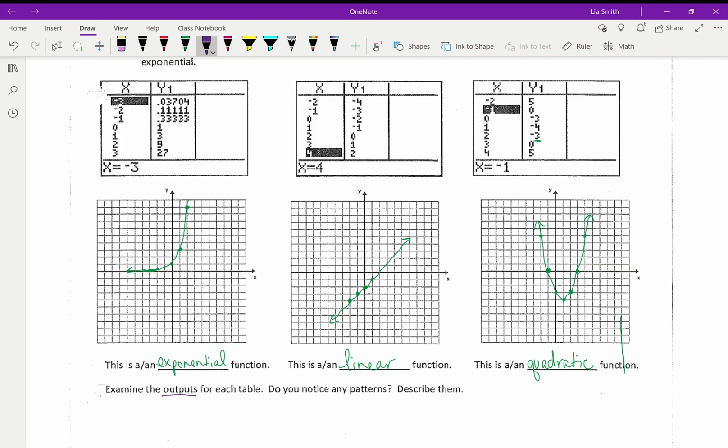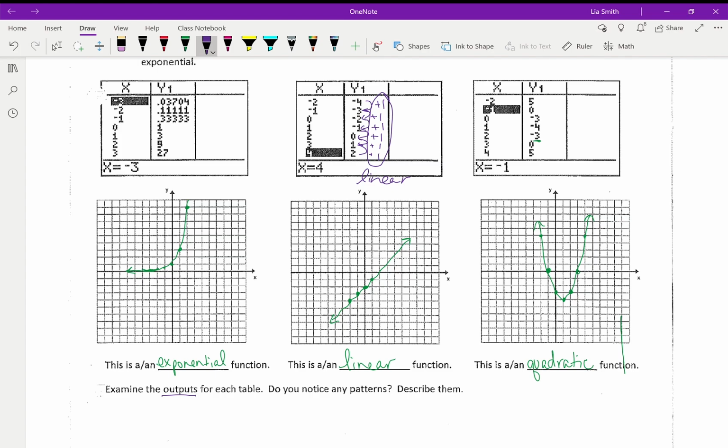If you recall, when they were looking at a linear function, they noticed a very distinct pattern. All I'm doing is adding 1 over and over again. Adding 1, adding 1, adding 1, adding 1. If you find a consistent pattern like this, that's when it's linear.